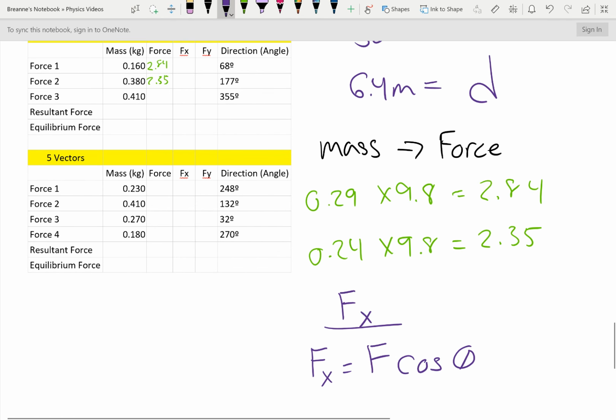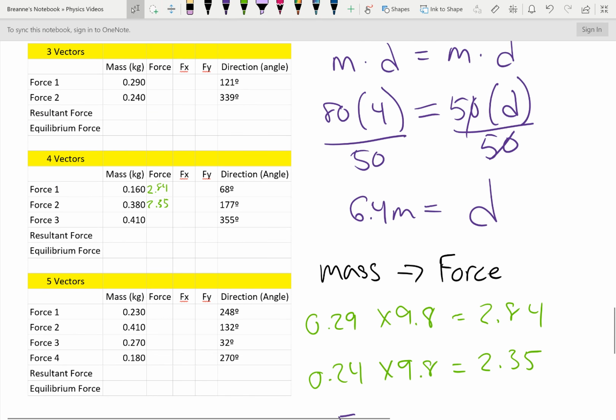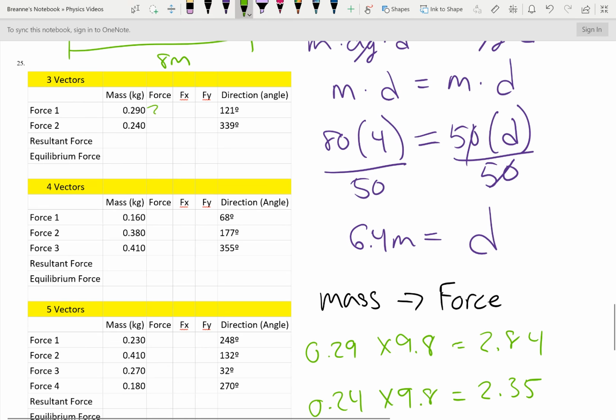You can use these big angles. It's okay. And I totally wrote these in the wrong spot. Sorry about that, guys. Let's try that again. So 2.84 and a 2.35.